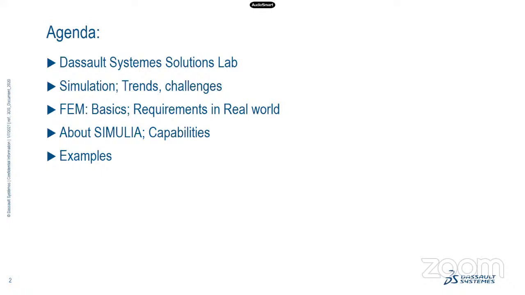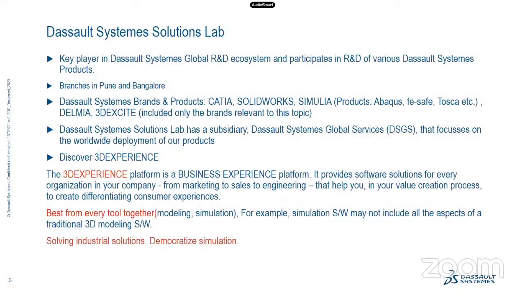Basically, the Dassault Systems Solutions Lab is a major R&D lab of Dassault Systems. We have branches in Pune and Bangalore. Dassault Systems was earlier called 3D PLM software solutions.